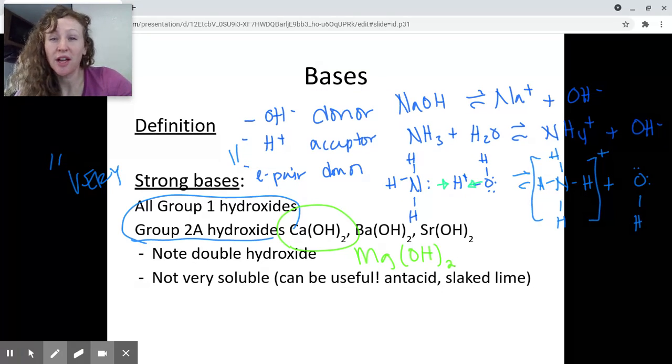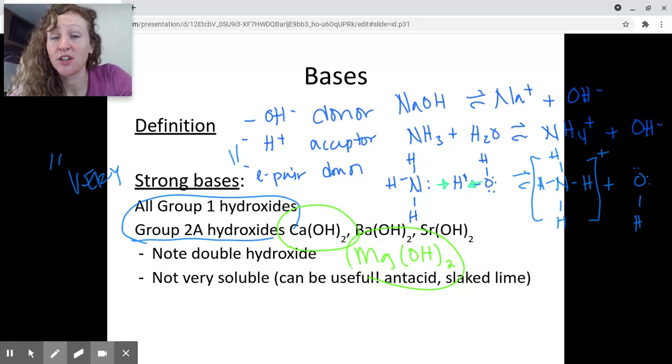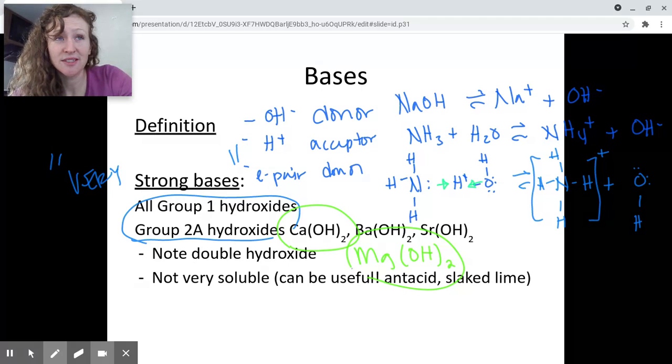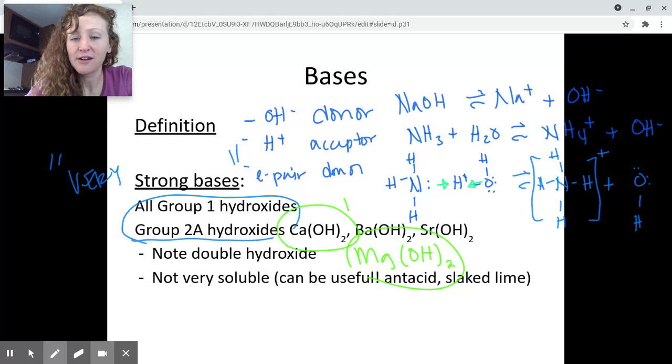to be strong bases. And the reason I say calcium hydroxide and magnesium hydroxide are great examples is because these are really commonplace examples that you probably have experience with the fact that they don't dissolve. If you've ever eaten Tums, Tums are calcium hydroxide.